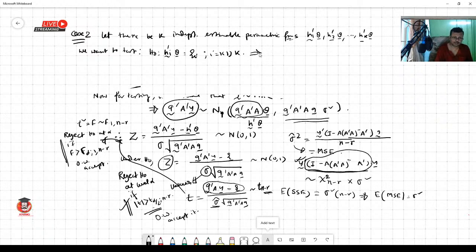And this can be written as h prime theta curl equal to xi curl, where h equals h1 curl, h2 curl, up to hk curl, and xi curl equals xi1, xi2, up to xik prime.